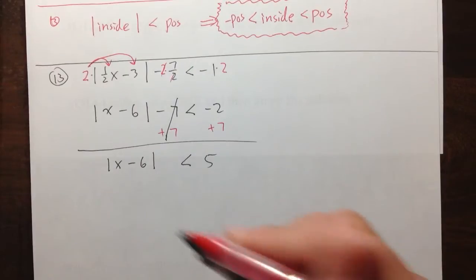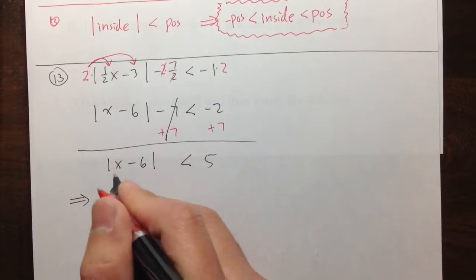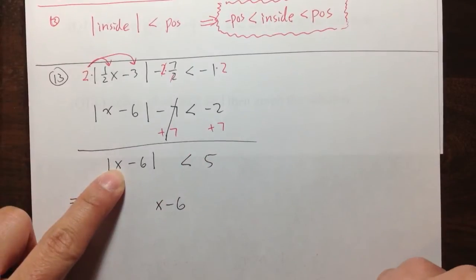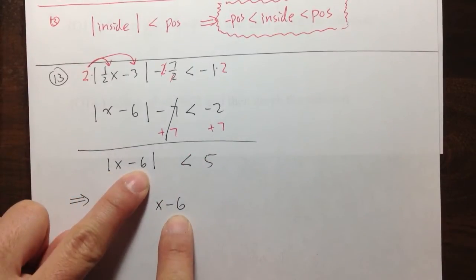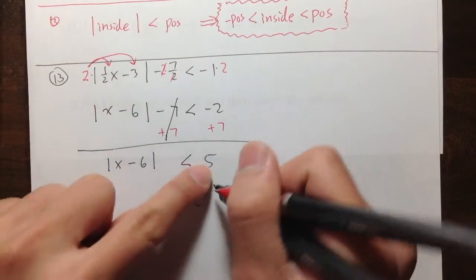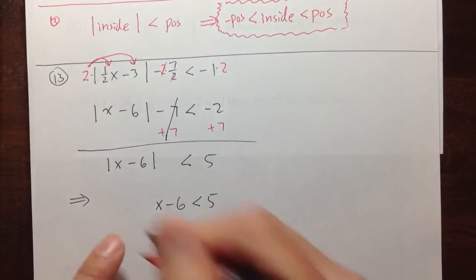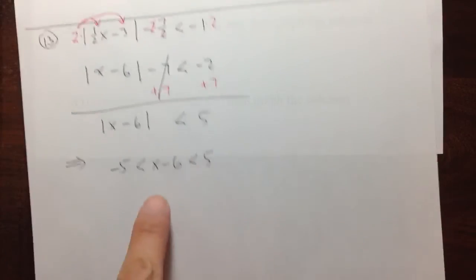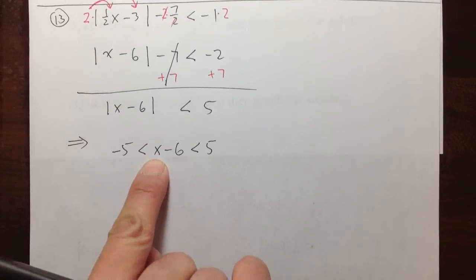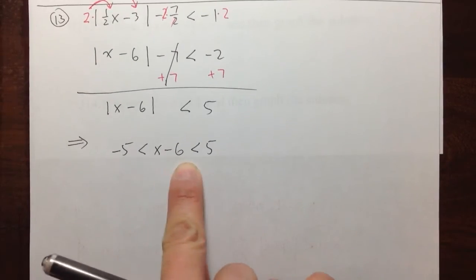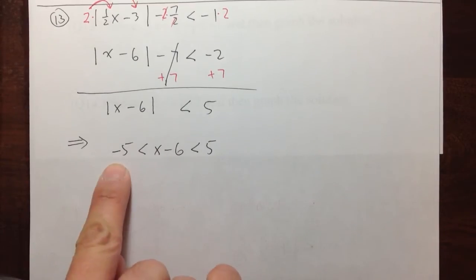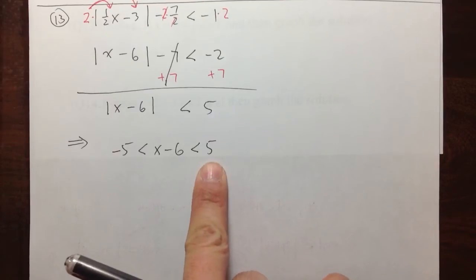I have the inside, which is x minus 6. I'm going to write down the inside first, and then I'm going to put the 5 right here and a -5 right here. So I'm going to sandwich the inside, x minus 6, in between of -5 and 5.